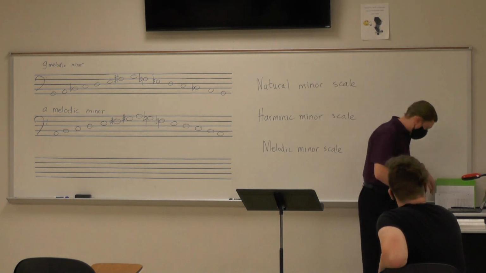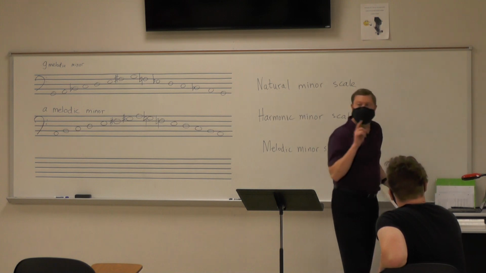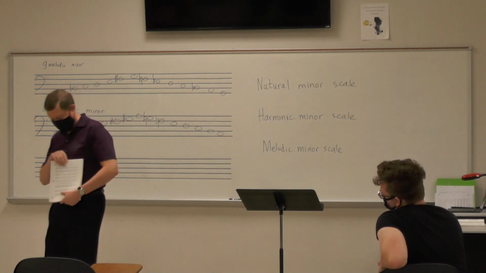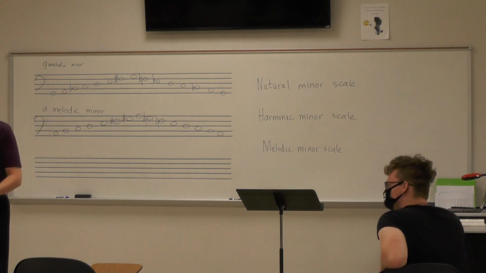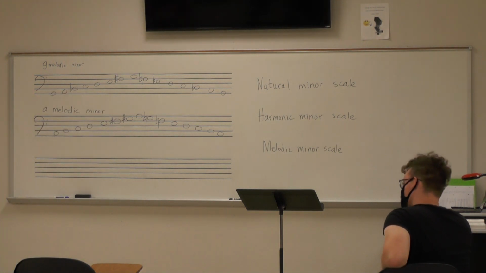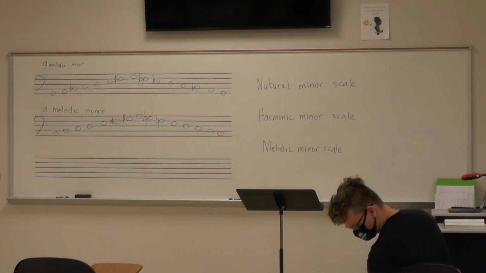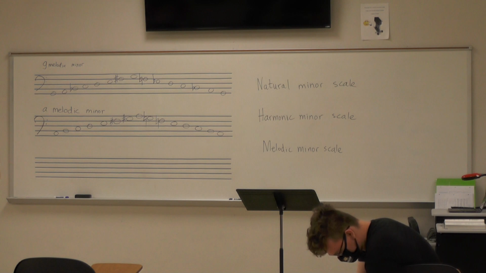Yeah. Okay, now I want to make one little change to your assignment sheet for Monday. Your assignment for Monday is to do just the top section, section A on page 5 in the workbook. So then that's the spelling minor scales.